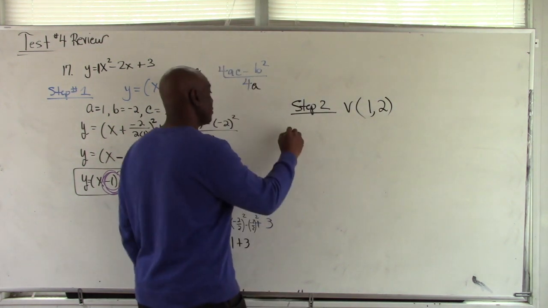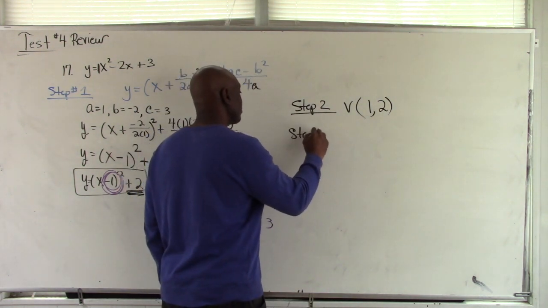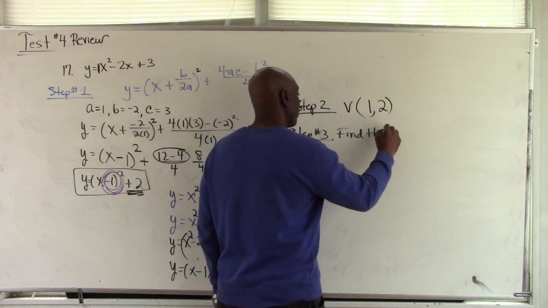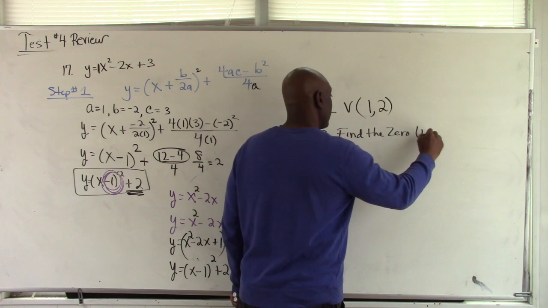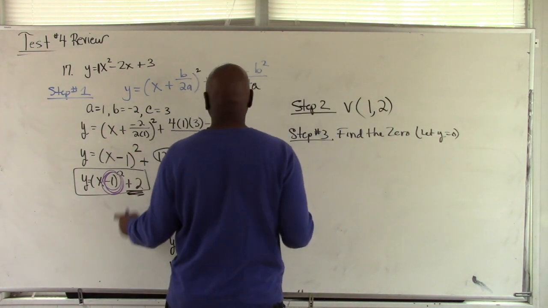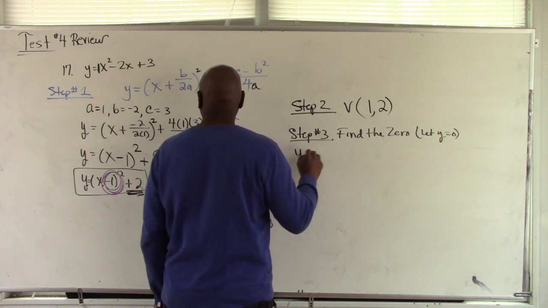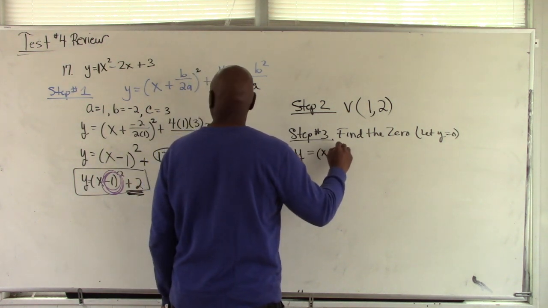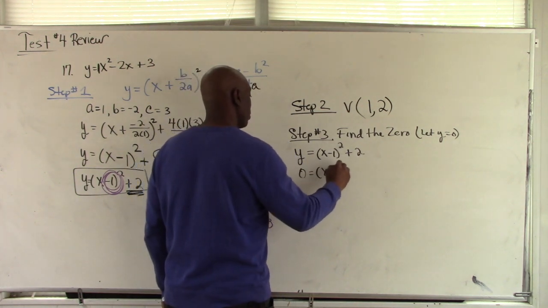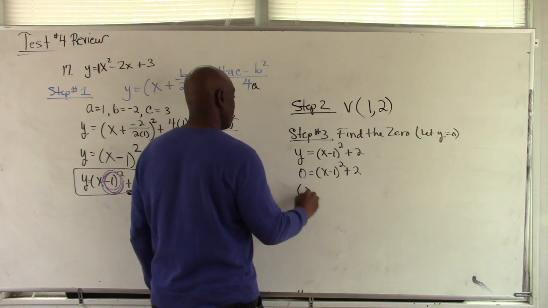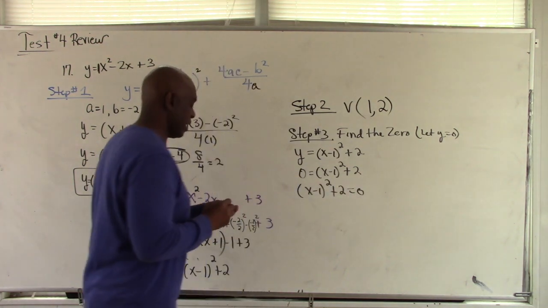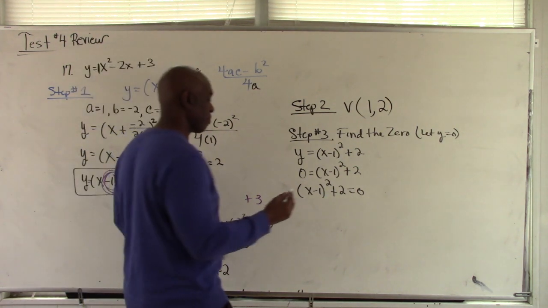All right, step 3. Find the zeros. You have to let y equal 0 to find the zeros. So if I do that, y equals x minus 1 quantity squared plus 2. So 0 equals x minus 1 quantity squared plus 2. All right, let's subtract 2 from both sides.